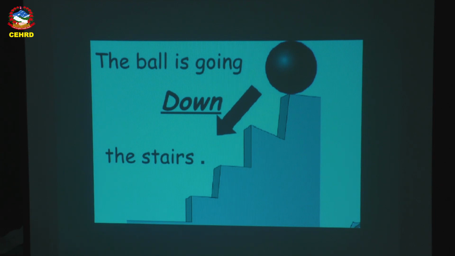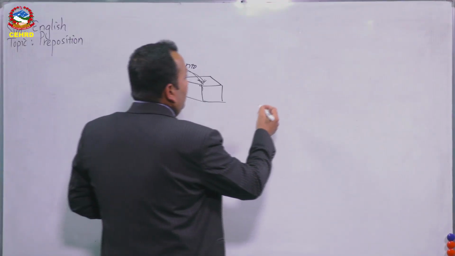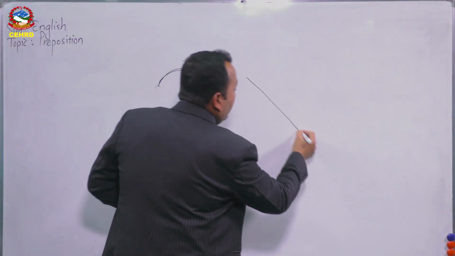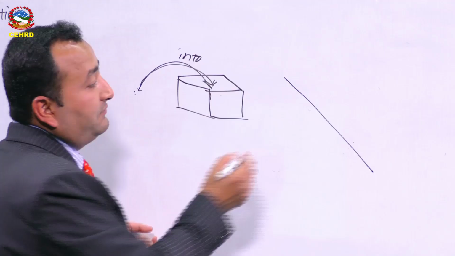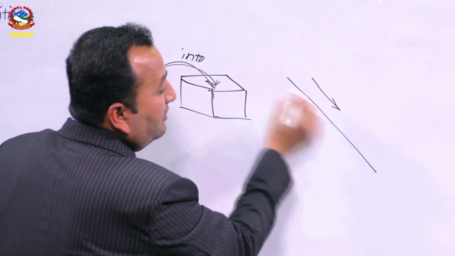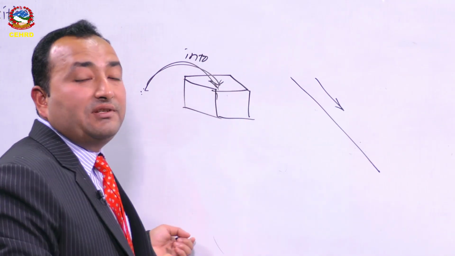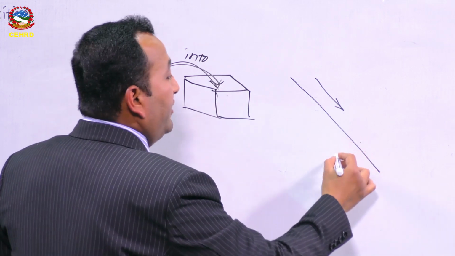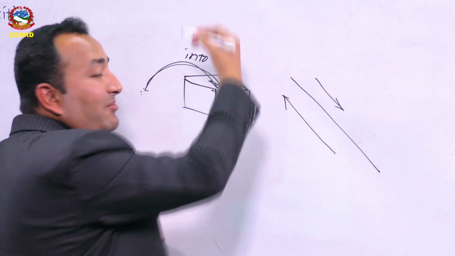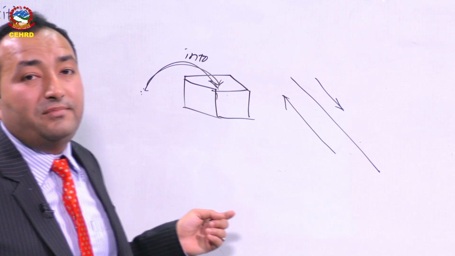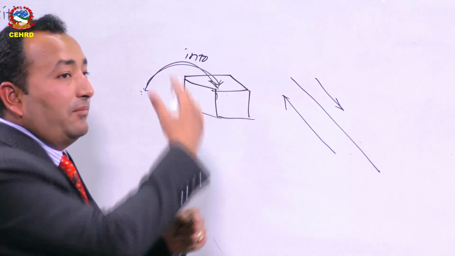The ball is going down the stairs. Down, vertically down. Suppose this is a straight line. Going to the lower place, that's down. Going to a higher place, that is up. Down, up.